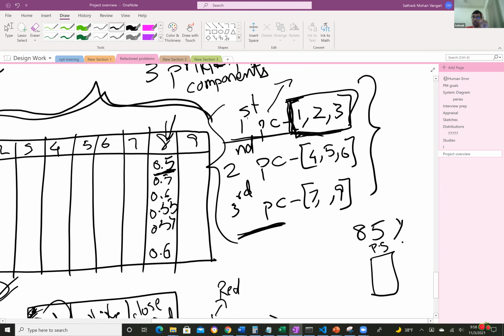Let's assume columns 1, 2, 3 have the highest variance. It will take the columns with the highest variance and build the first component out of that. Then it will take the next couple of columns with relatively highest variance, and build the second component, right? And in doing so, it will have a certain threshold for variance. How much variance should my column have?